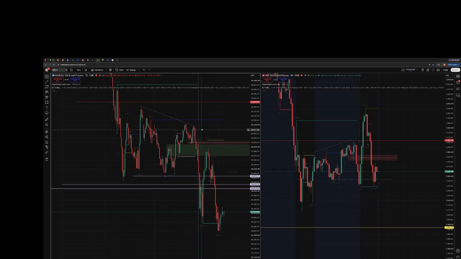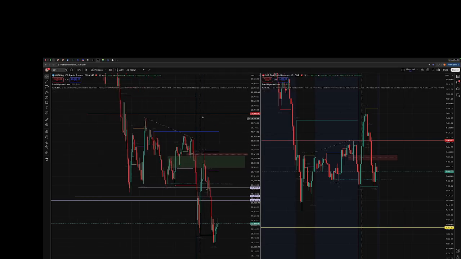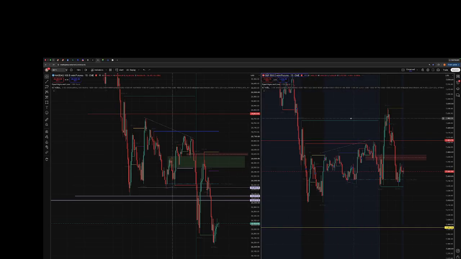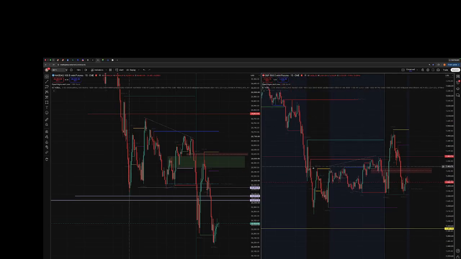So we have an S&T. Where could we technically manipulate to? If you look at structure, higher low, then consolidation. So we put in this S&T, and we also have this S&T as well.